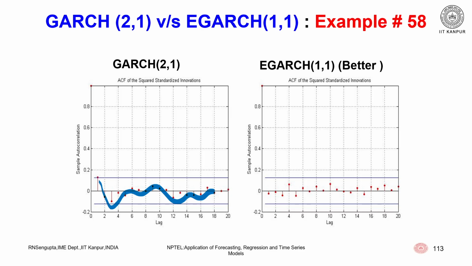The squared error means the difference between the actual value and the predicted value, which you are considering as epsilon.